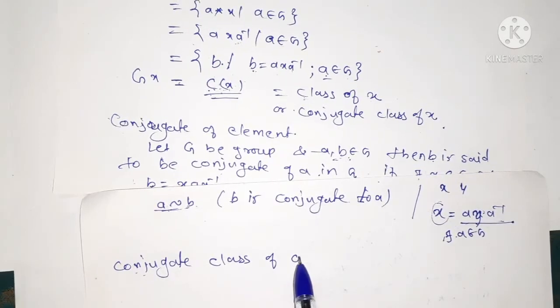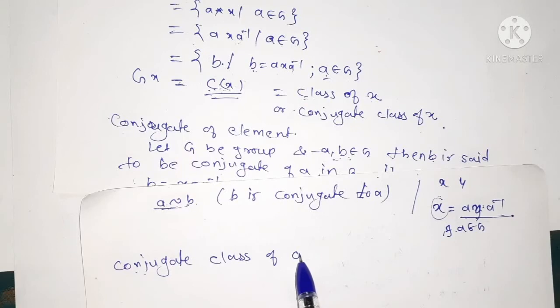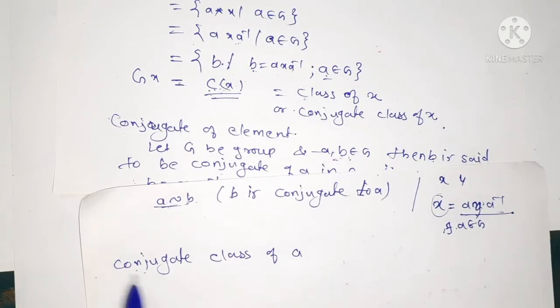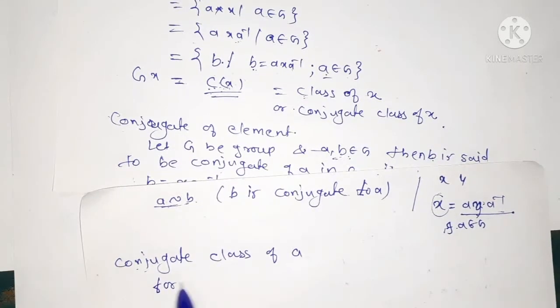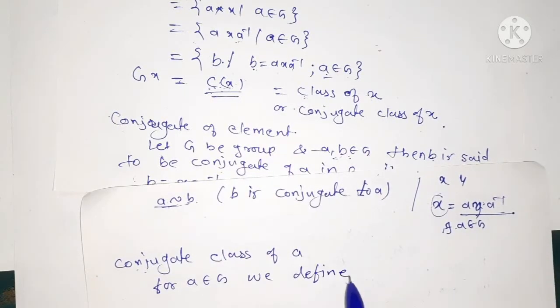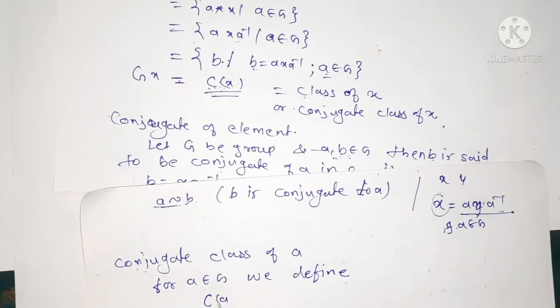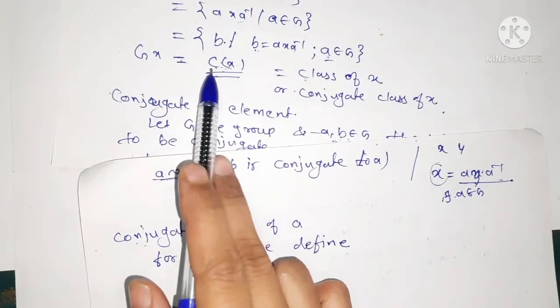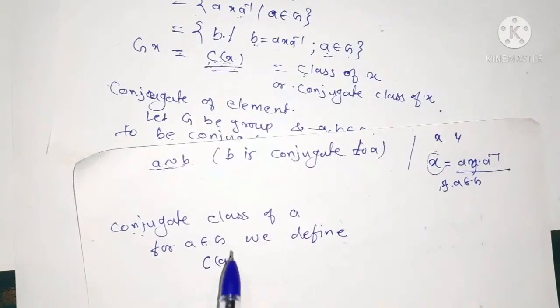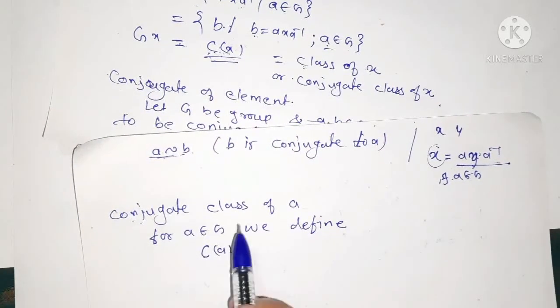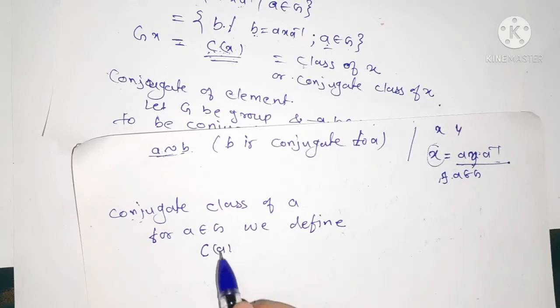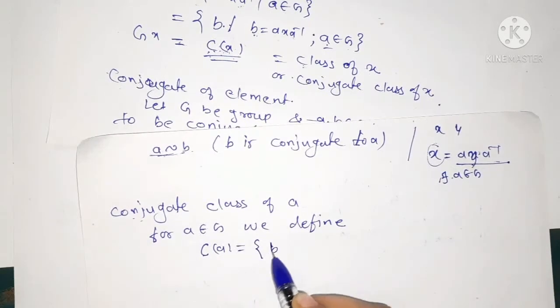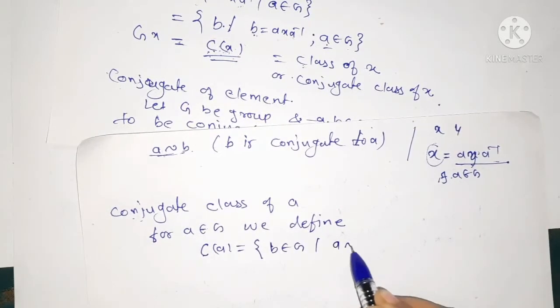It is the set of all those elements which are conjugate to A. So for A belongs to G, we define the set C of A. This C of A is nothing but, as here we have written the class of X as C of X, the conjugate class of the element A, the set of all the elements of the group which are conjugate to A.